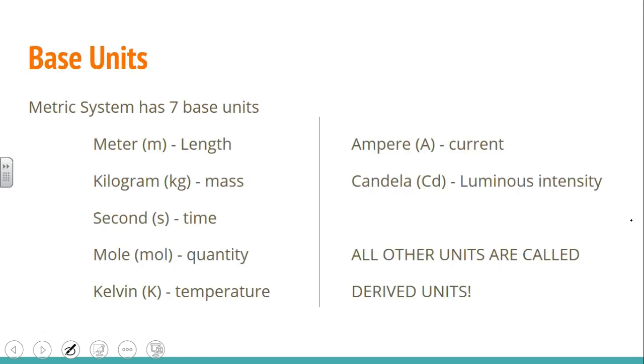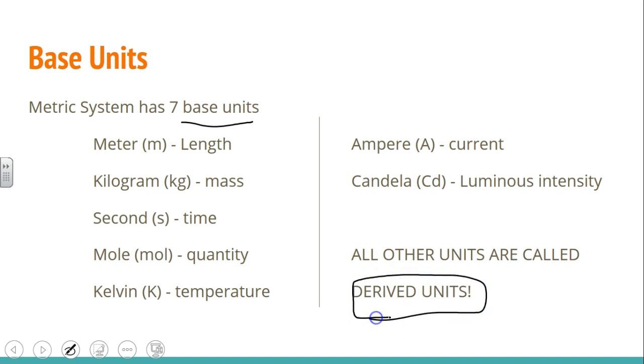Now, in the metric system, there are units that we're used to seeing. I'm sure it's no surprise that a meter is on this list, but there are only 7 units that we call base units in the metric system. Anything else that's not listed on here as a base unit is what we call a derived unit.